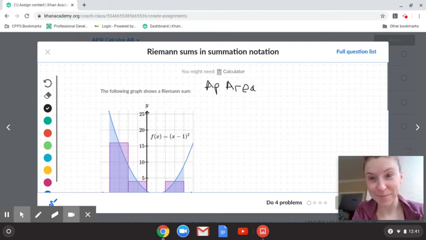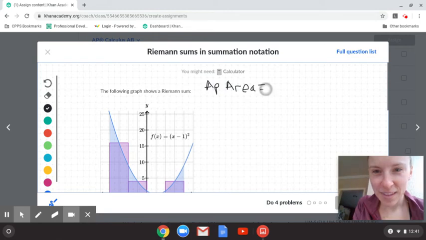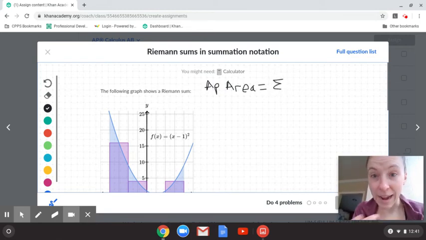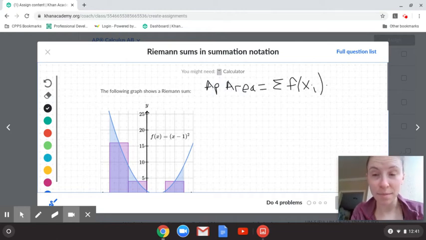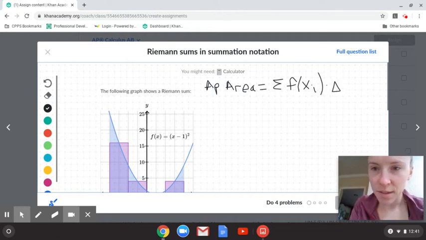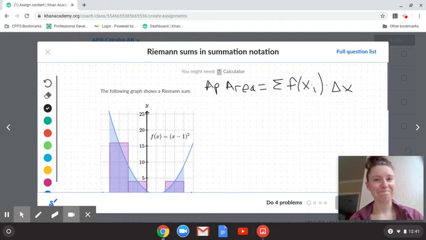Okay, so it's going to be the summation of our height, which is our function, f of x sub I times our width, which is delta x. Beautiful. Okay, so we have those two formulas.